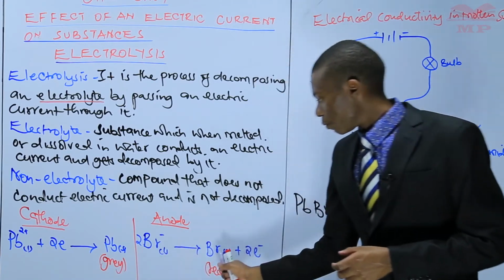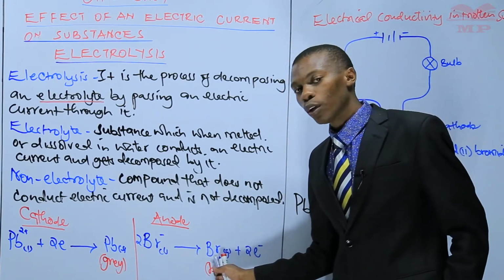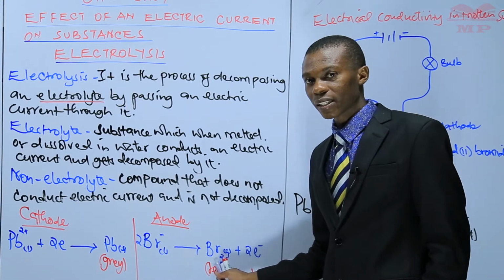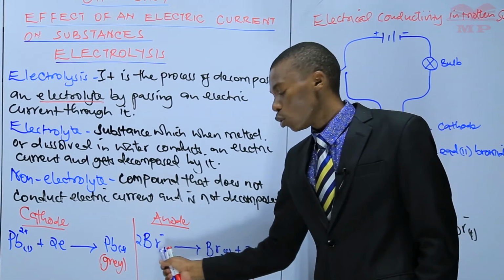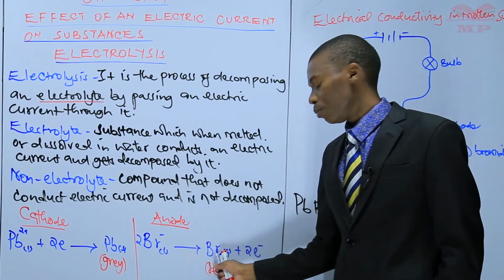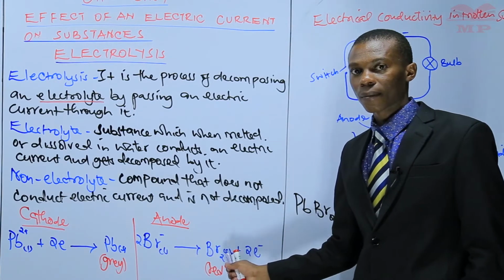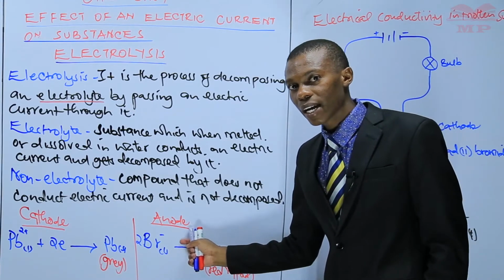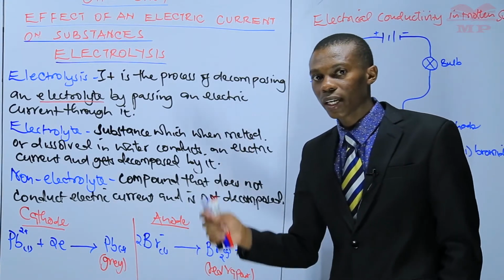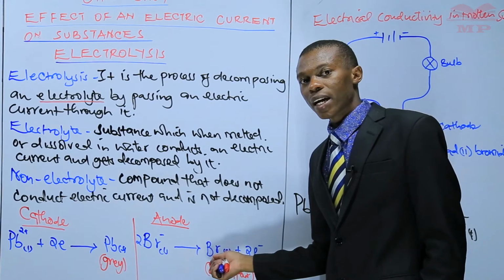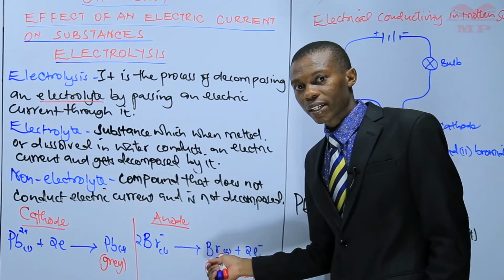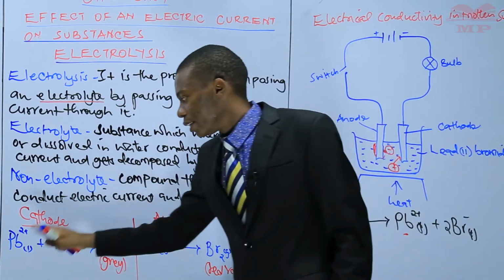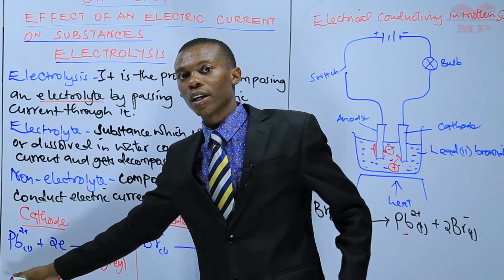Therefore, for it to be able to be in atomic state or in gaseous state, it will have to lose electrons. That's why we are saying that at the anode, the bromide ions lose electrons and are deposited as a red gas.